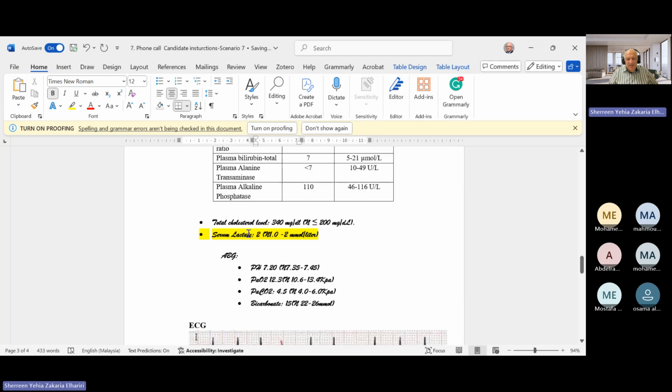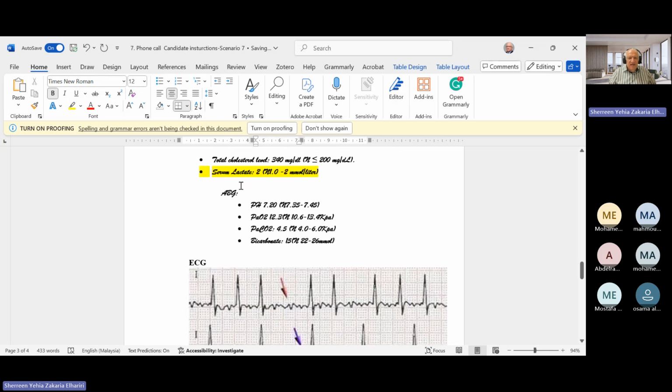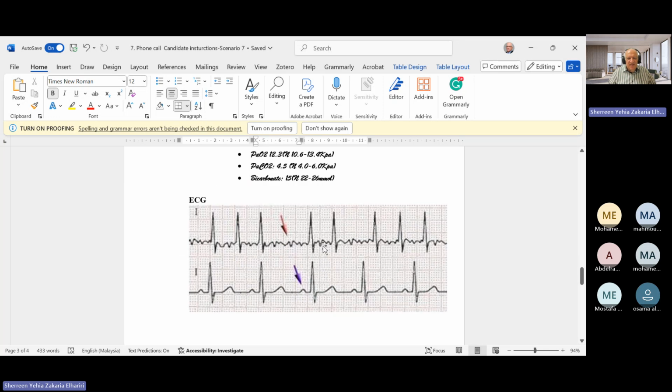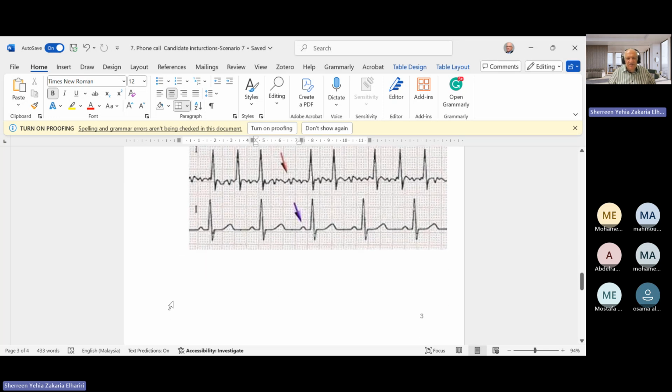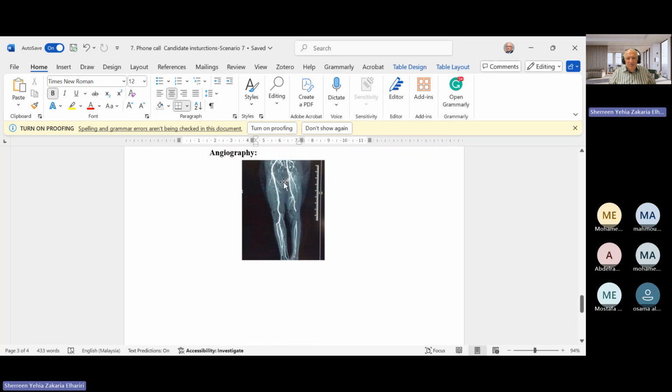Serum lactate, and again, serum lactate in all cases we put it is 2, which is within normal. Arterial blood gases: pH 7.2, PO2 within normal, PCO2 low, bicarbonate 15 low, and this is again the ECG. Okay. This is the angio.